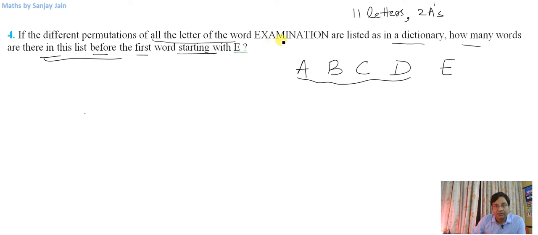A I have already considered. M is only present once. I is present 2 times. So 2 I's are there. And N is present here. So 2 N's are there. And what else? A I have already taken. T is present only once. O is present only once. So this is the composition. That I've got 11 letters in total, out of which 2 are A's, 2 are I's and 2 are N's.